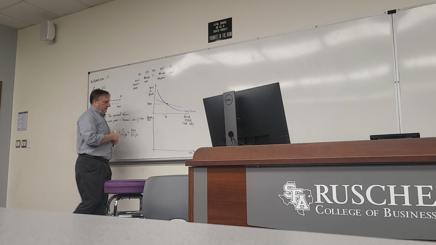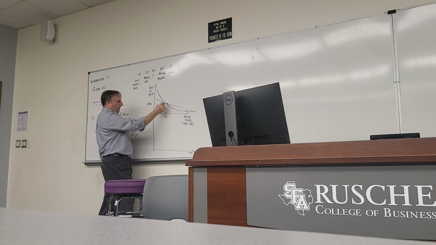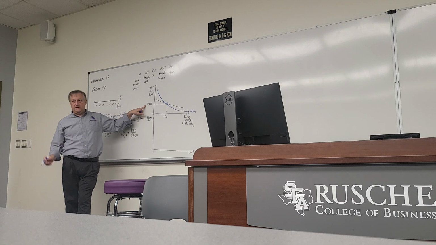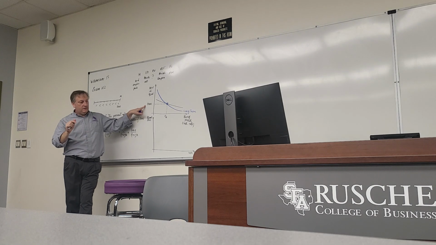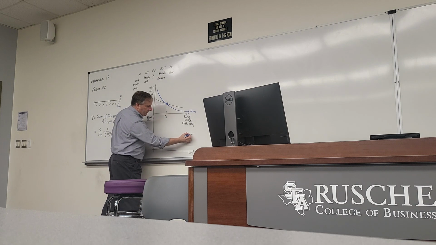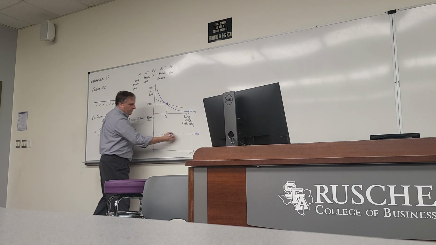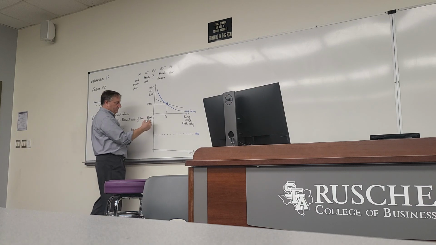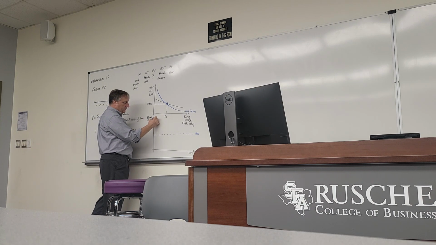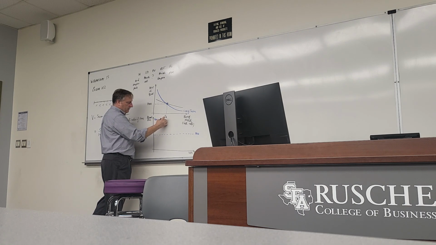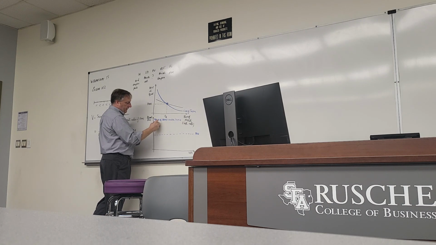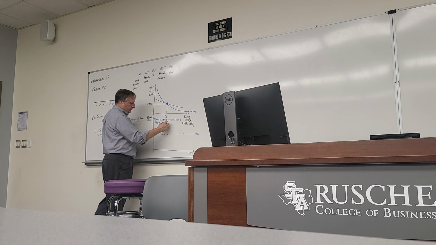And we said, if you have a par bond, so one that is currently selling at par, the only way for a bond to sell at par is if interest rates are the same as the coupon rate. So if you have a par bond and you hold the interest rates constant over time, a par bond will maintain its value without changing it. Again, this graph represented the value of a bond over time, holding interest rates constant.